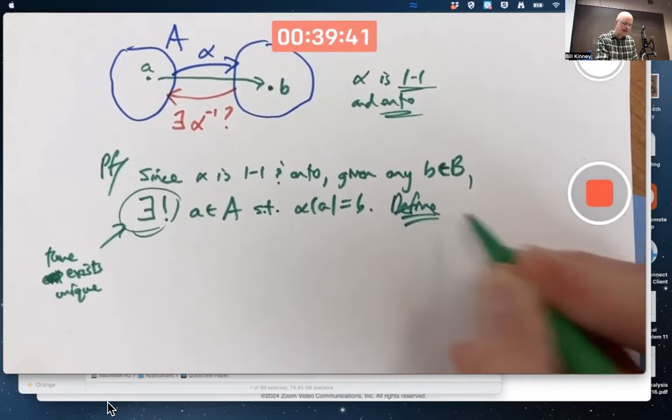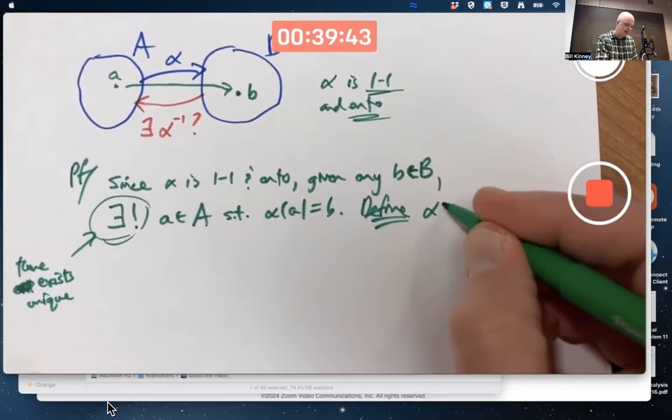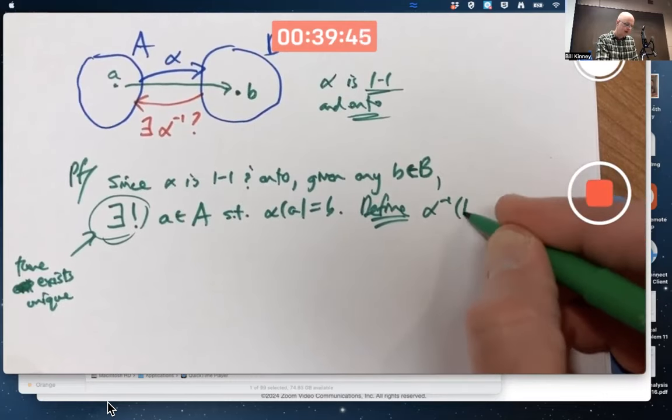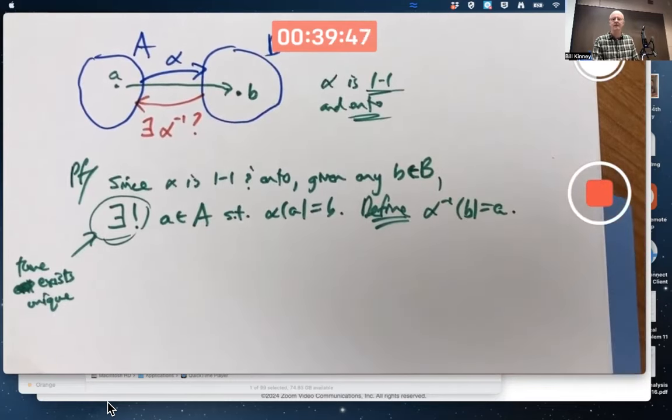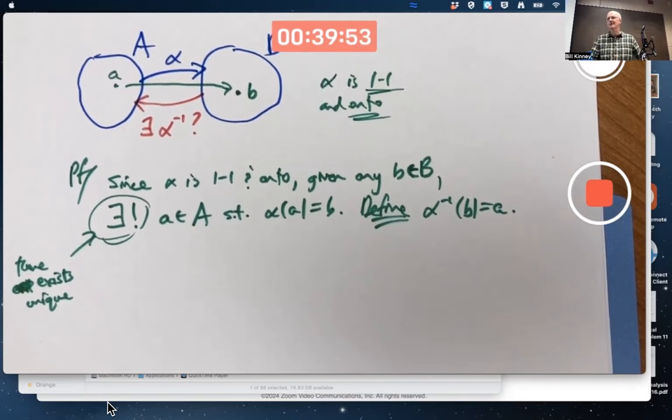Define alpha inverse of b to equal a. And we're doing this for any little b in capital B. We can do this. We get a different a in each case, but there will be a unique a for each, a unique little a for each little b.